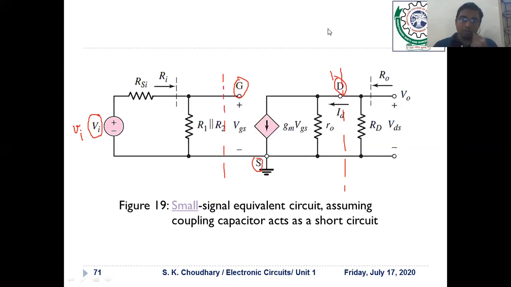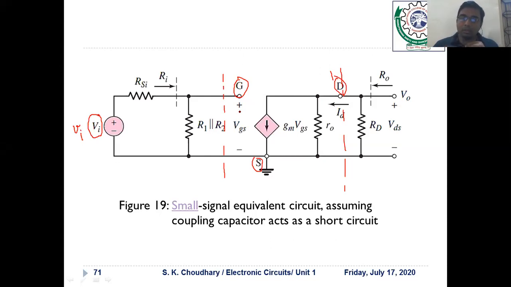In between these two red boundaries is the representation of the transistor only. Between gate and source, we know that the MOSFET has infinite input impedance, so it is always an open circuit.